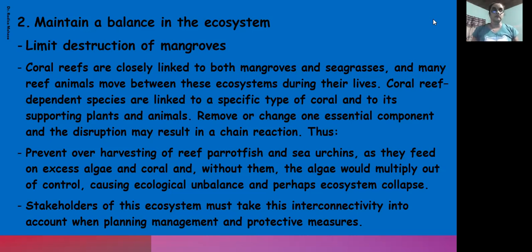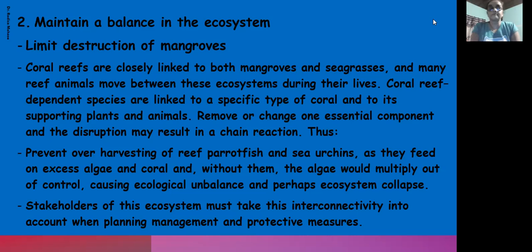We mean prevent overharvesting of different species of fishes, such as the reef parrotfish and the sea urchins, because they feed on excess algae. And when they do that, they make sure that the reefs, the corals can survive.